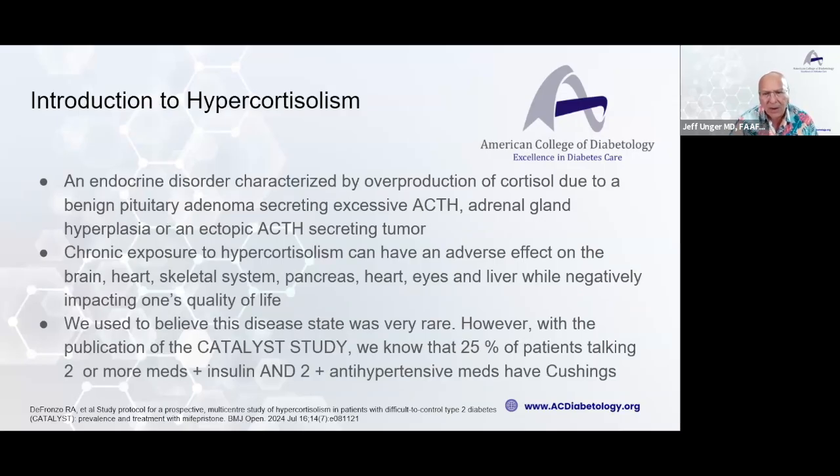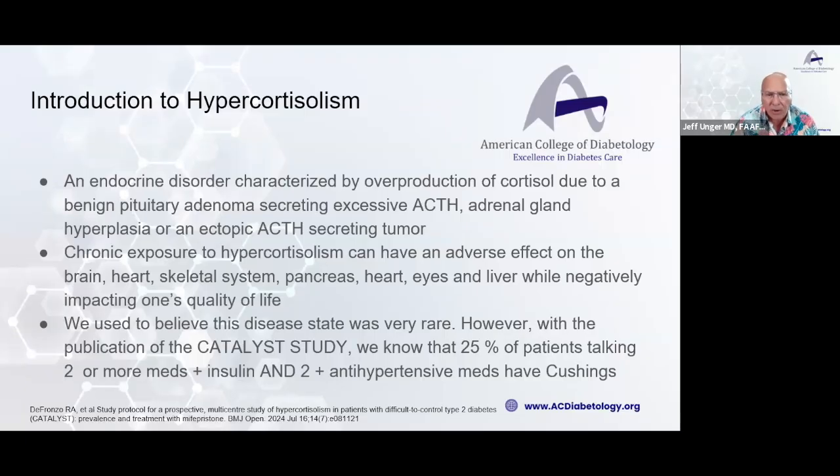So, what are we talking about here? Cortisol is a stress hormone. It's produced in the body to get people ready for the physical and emotional stressors of the day. And cortisol production is based on several factors. There could be cortisol coming from the adrenal glands in excess in a process called adrenal hyperplasia.